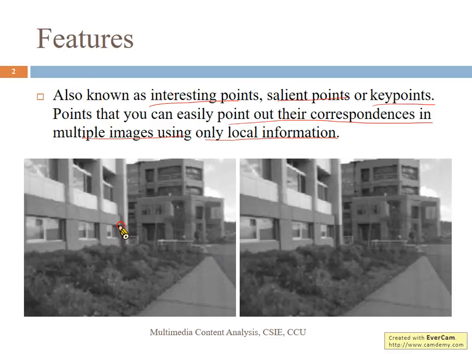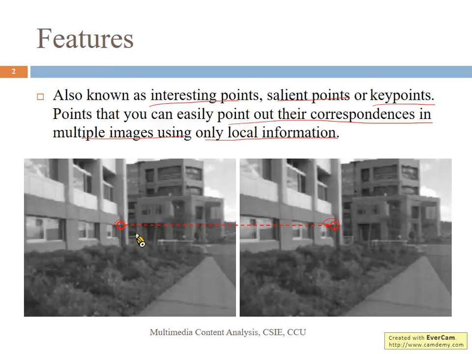For this point, the red circle, we can identify the correspondence of the pixels by linking this point and this point, because it is around the corner of the building structure.